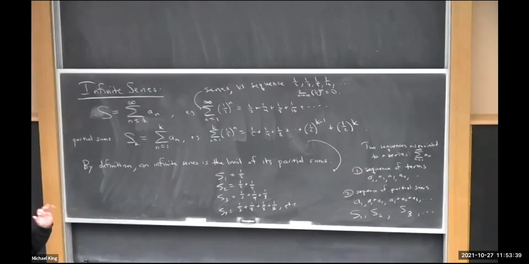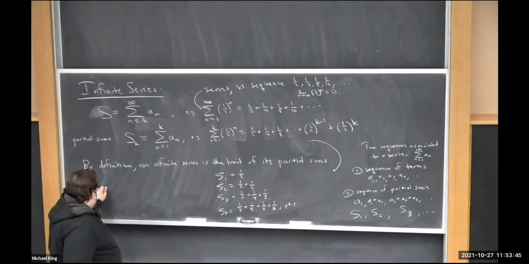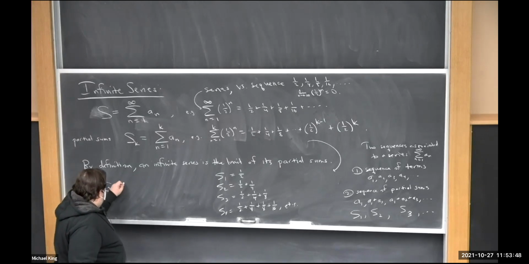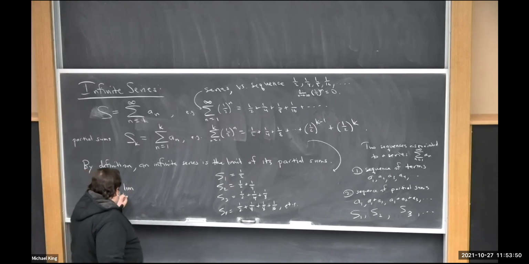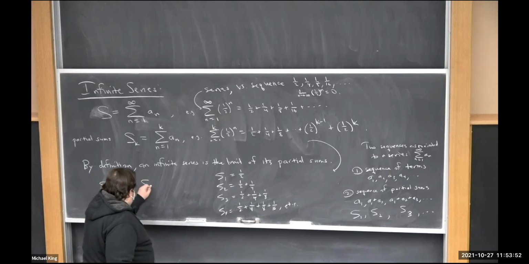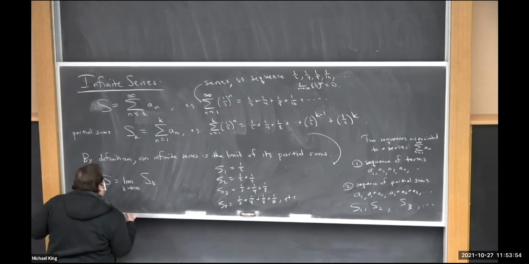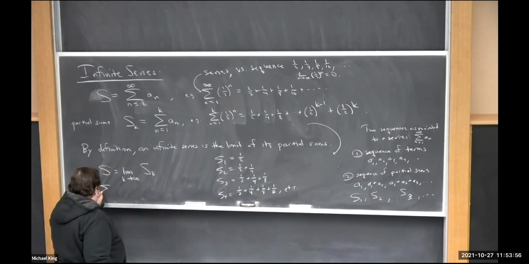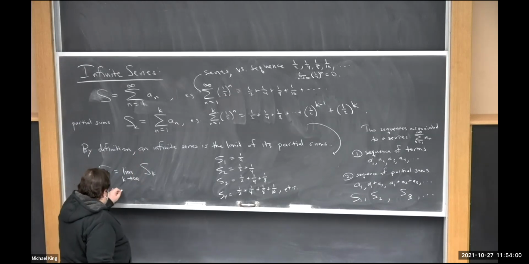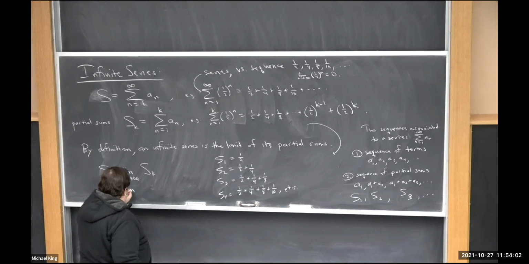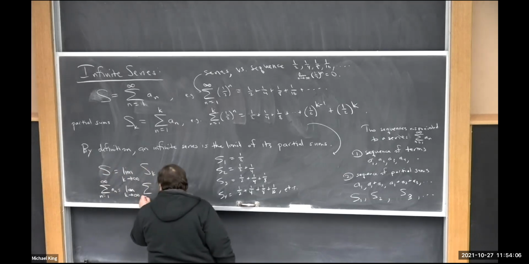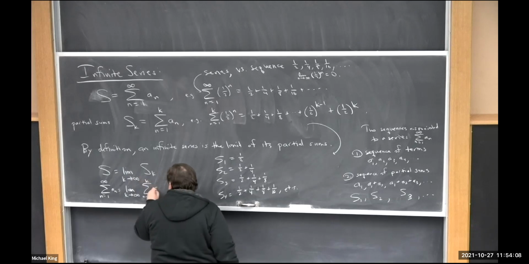All right, so I'm belaboring this a little bit, but it's important conceptually to think about the terms versus the partial sums. And the idea is that the sequence S, by definition, is the limit as k goes to infinity of S sub k. Or I could write that by plugging these things in, replacing S with what we have: the sum of a sub n is the limit as k goes to infinity of the sum from n equals 1 to k.